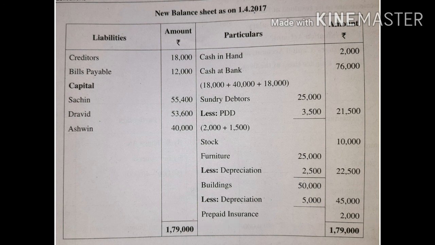So now calculate total. Remember, you have to write here asset, not particulars. Cash at bank 76,000, sundry debtors 21,500, stock 10,000, furniture 22,500, buildings 45,000, and prepaid insurance 2,000.